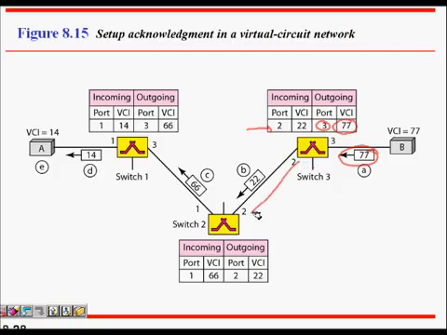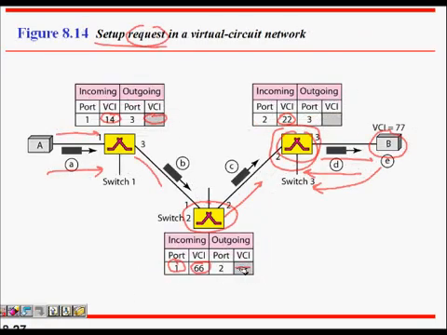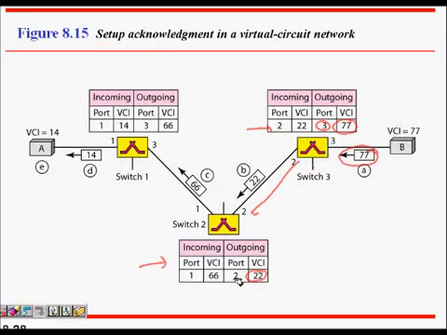This packet goes now, and for this link switch 3 puts the VCI as 22. Now this switch knows that this particular field should be 22, which was not filled here. This goes back here, and it was 66 which was assigned earlier. This switch will learn it from the ACK packet and put 66 here. So now your setup phase is complete and all the switches have their virtual circuit identifiers.